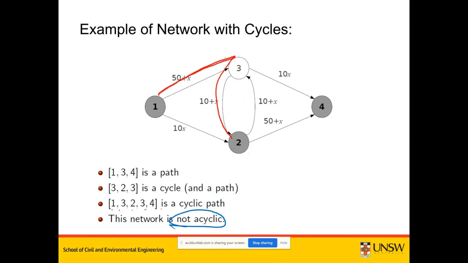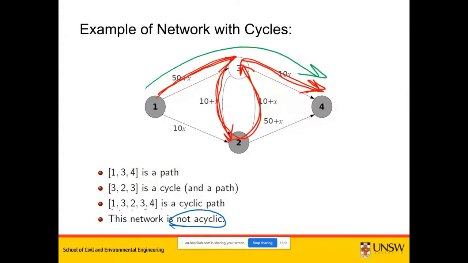So look at this. You go to 3, you go to 2, and then you come back to 3, and then you continue. Would you ever take such a path? The answer is no, because it doesn't make sense to go through this cyclic path. Why should you go down and then come back up again if the straight path is available? If this path is available, nobody will take this path, right?